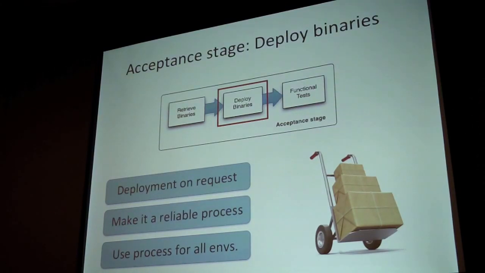I already talked about deployment on request before. So for some environments, you only want to deploy when some stakeholder wants you to deploy it, or they want to deploy it. If you deploy some sort of code, make sure whatever method you use to deploy that code is being used for all environments that you use.